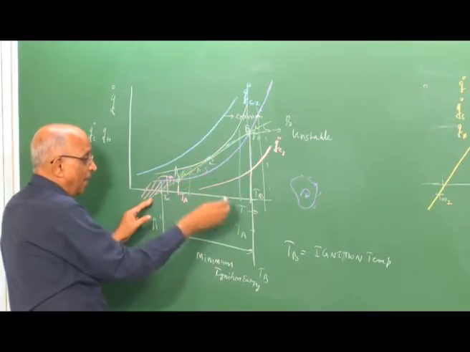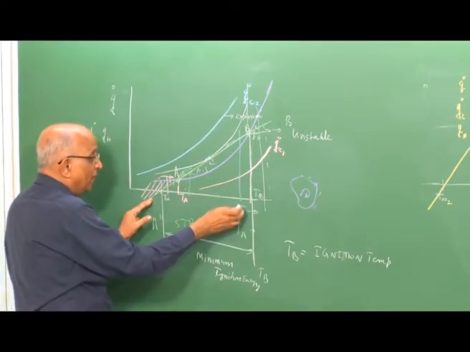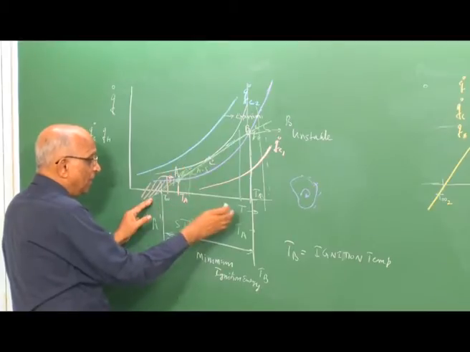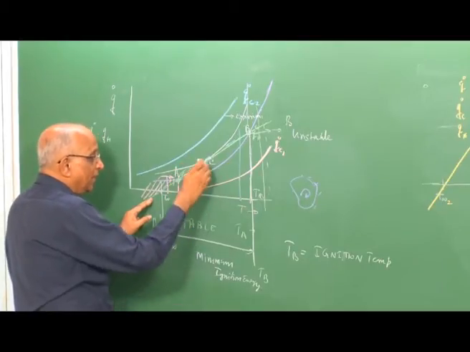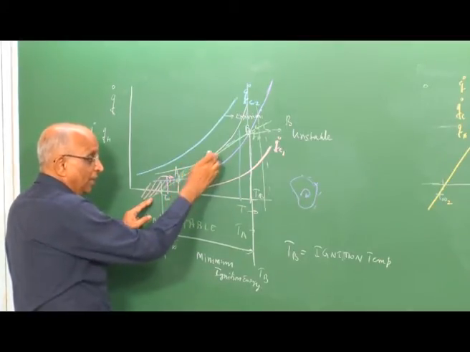With temperature on the x axis, I can say d by dT of the heat release rate Q̇C is equal to d by dT of the heat loss rate.